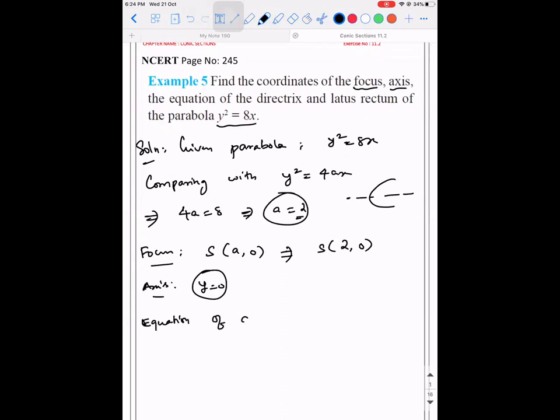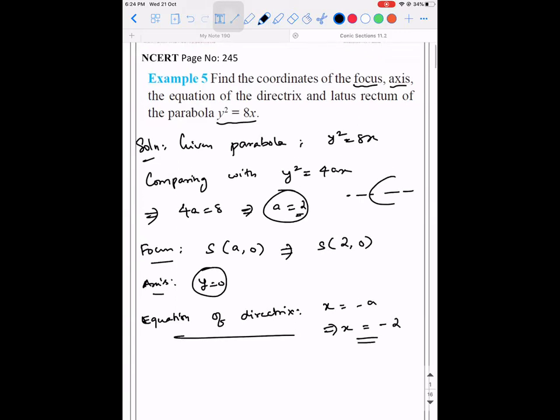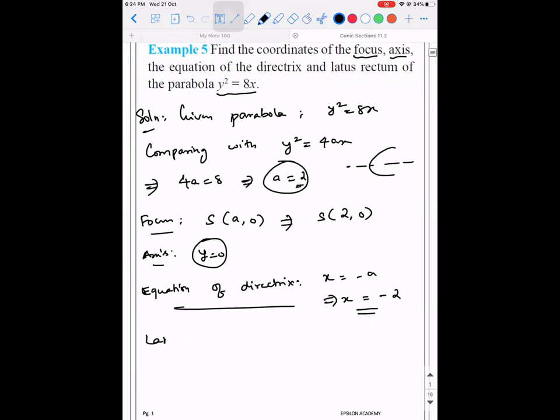Equation of directrix. So what is the equation of directrix here? x is equal to minus a, which implies x is equal to minus 2. Now what will be the latus rectum, guys?